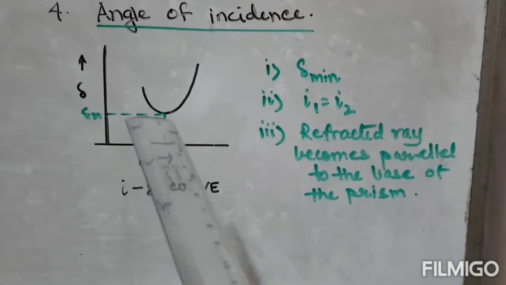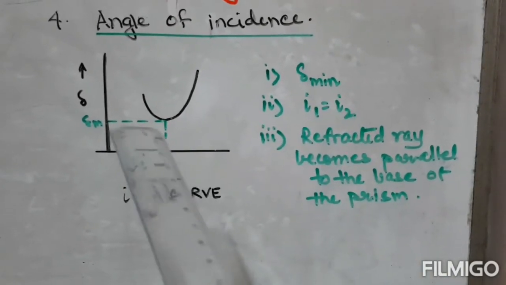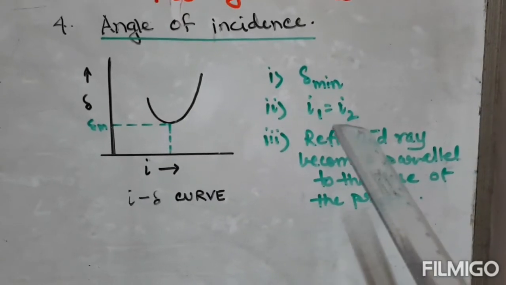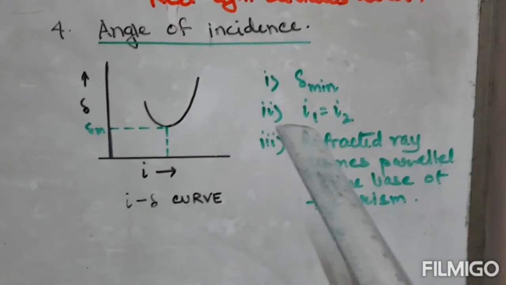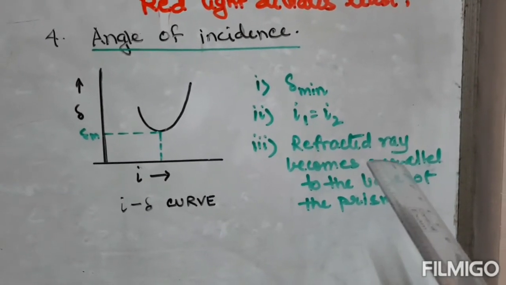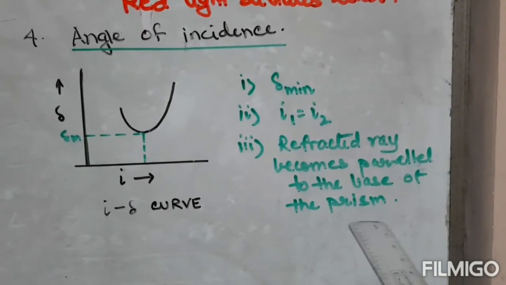So at this point we get minimum deviation. At this point we find from the experiment I1 is equal to I2, that is angle of incidence is equal to angle of emergence, and the refracted ray becomes parallel to the base of the prism.